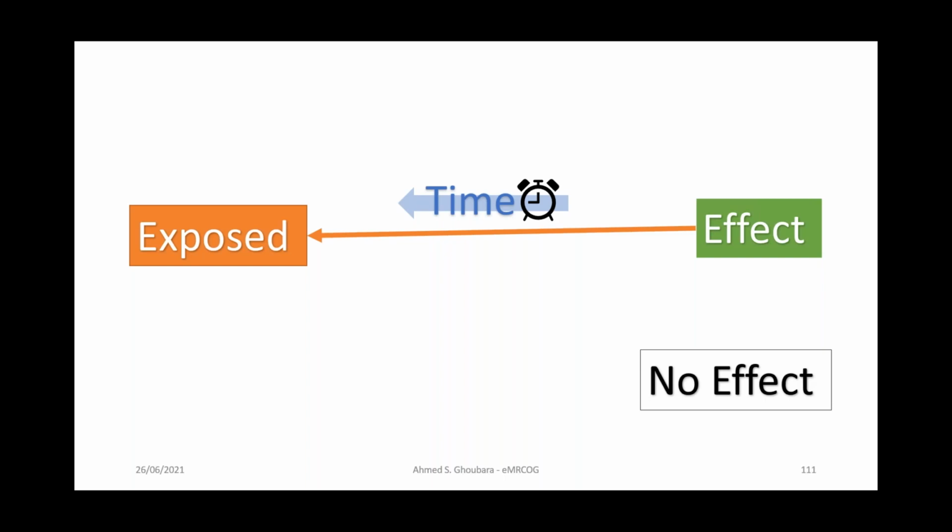Sometimes you phone the patient. Sometimes you go to the other hospital to get other notes. Sometimes you call the GP. No, this is not a retrospective cohort. You start with the effect, the disease versus no disease, and then you go back in time. Yes, this is a classic case control.